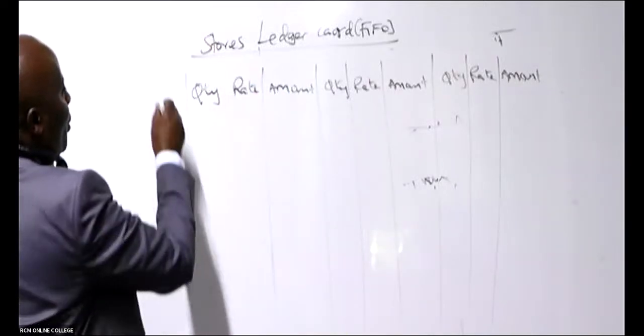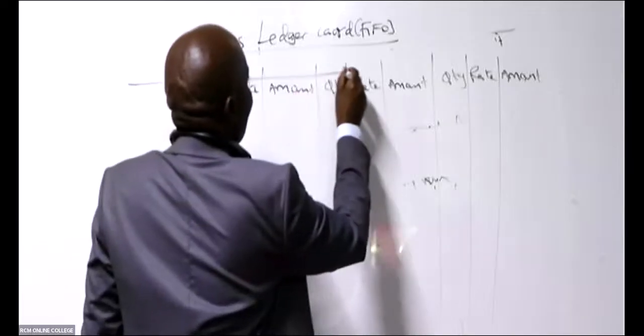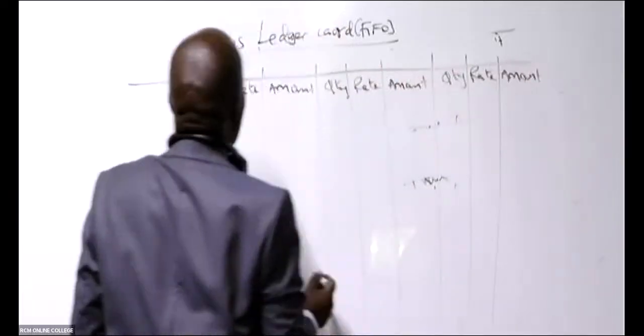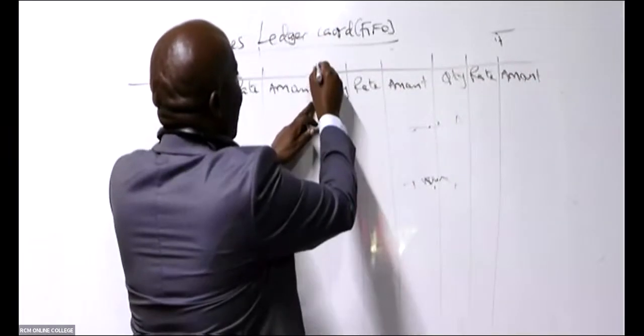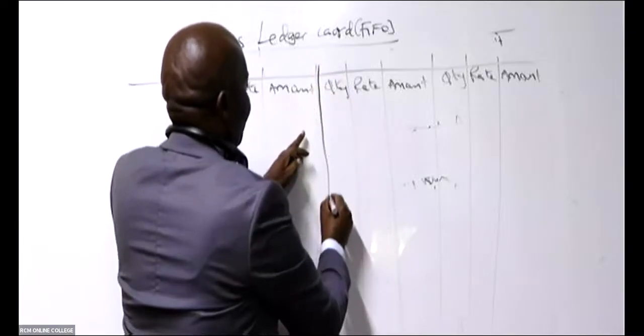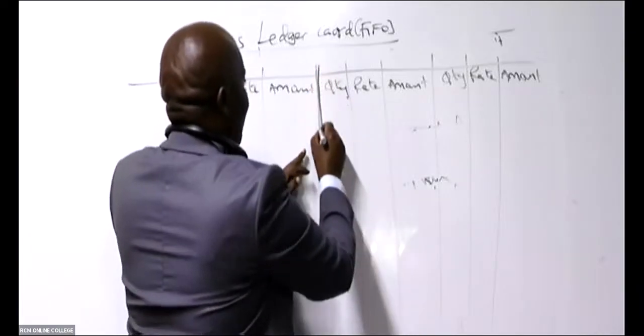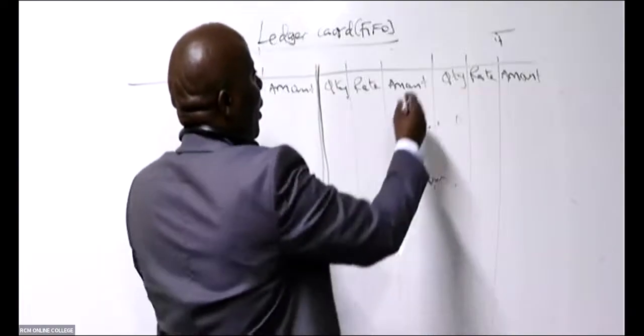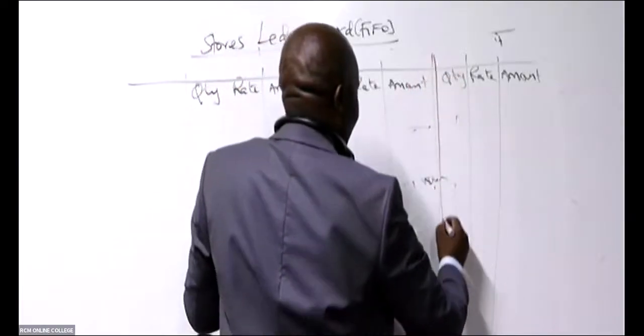So you come up here. You see, at the end of the amount, you shall always have double lines.